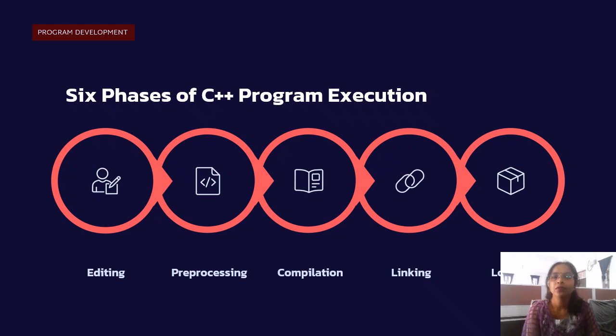These steps convert the human readable source code into machine executable instructions: writing the code, expanding macros, translating to object code, combining libraries, placing it in the memory, and running it on the CPU. Let me discuss the working of each and every phase in depth.